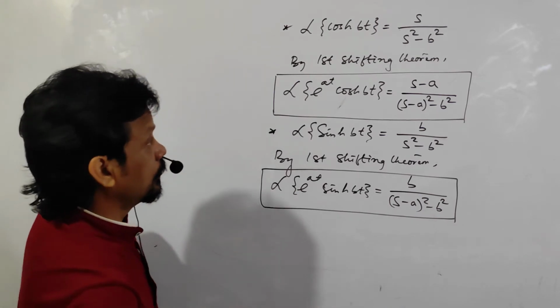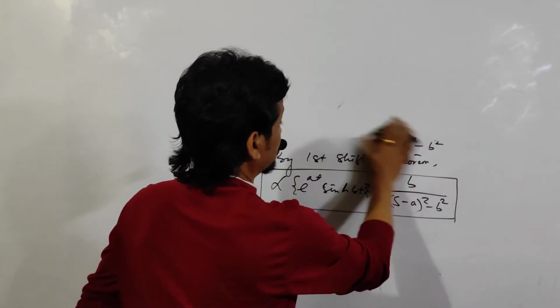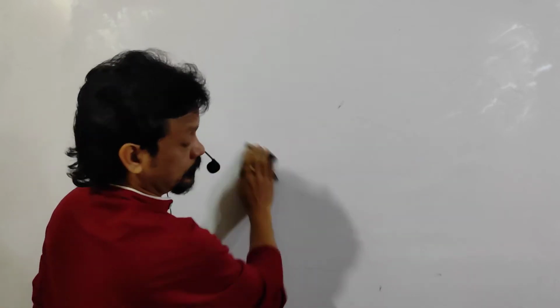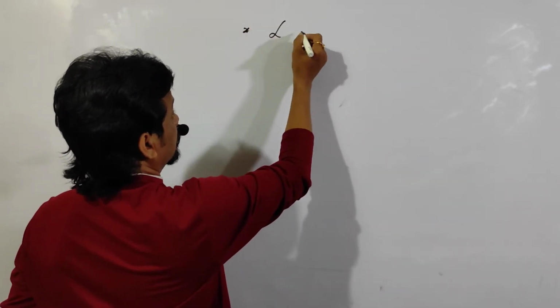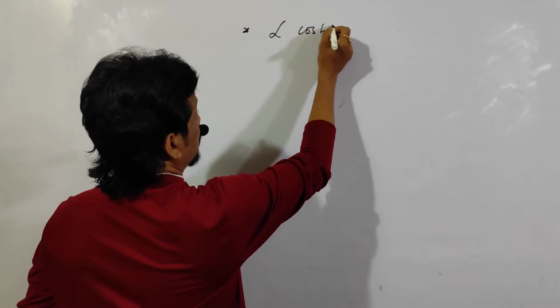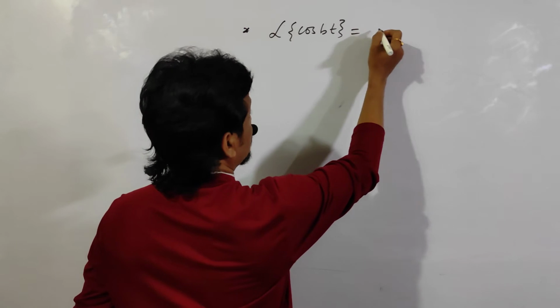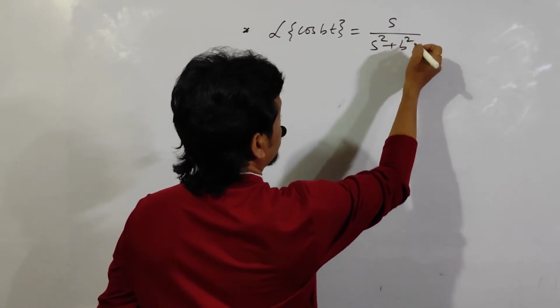Clear? So now, see here, Laplace of cos bt. The formula is s by s square plus b square.